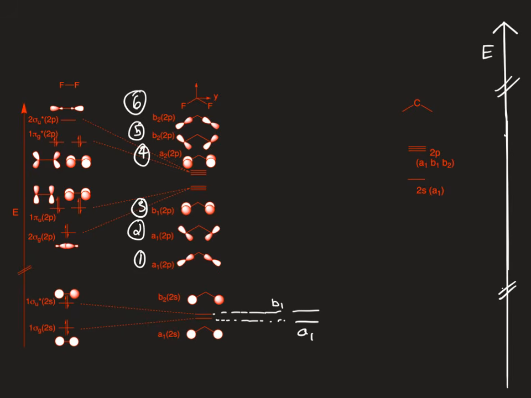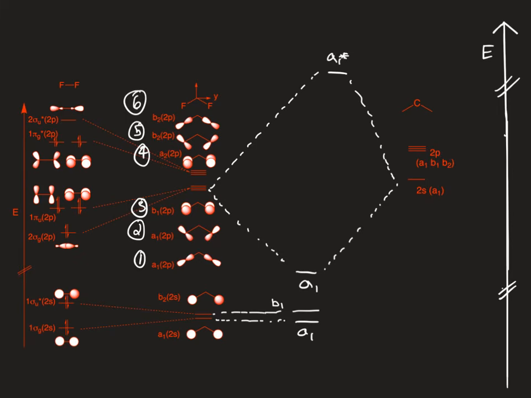Okay. So the first thing we're going to do is overlap the 2p SALC that I have labeled 1 with the carbon 1s or 2s orbital. So that's going to form a bonding combination and is also going to form an antibonding combination. We're going to label this A1 and this one A1 star.